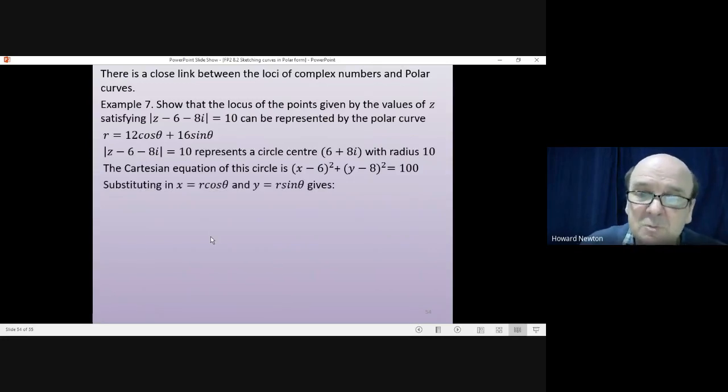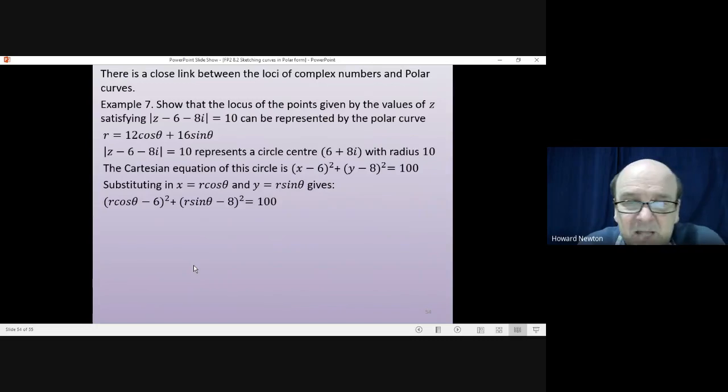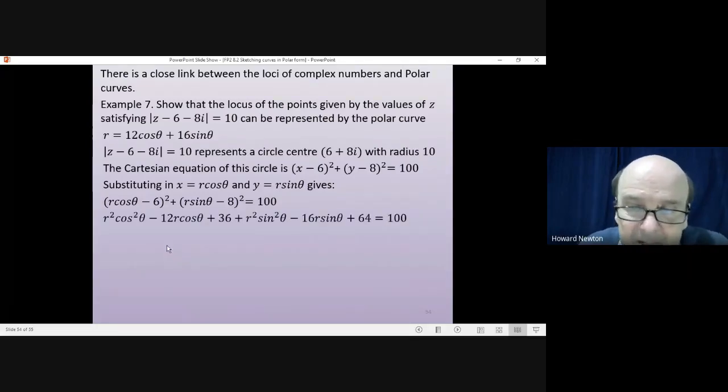Then all we have to do is what we were doing before, which is substitute x equals r cos theta and y equals r sine theta into this equation. And that'll give us r cos theta minus 6 all squared plus r sine theta minus 8 all squared equals 100. Multiplying out the brackets will give us that.